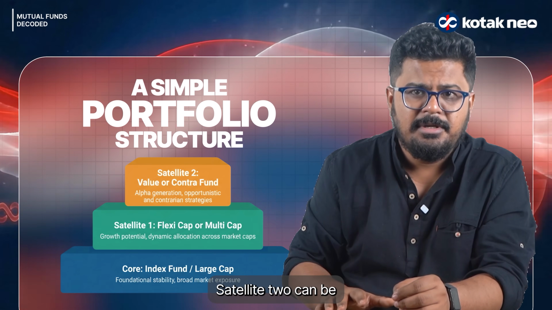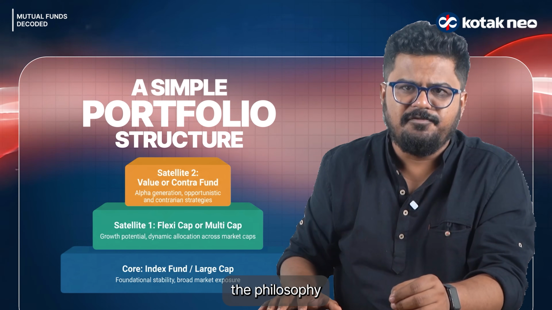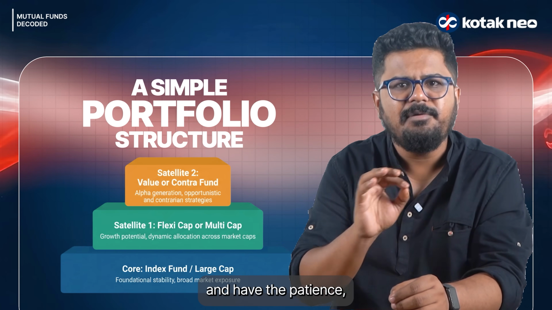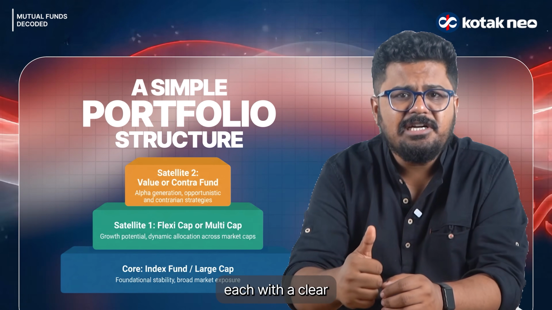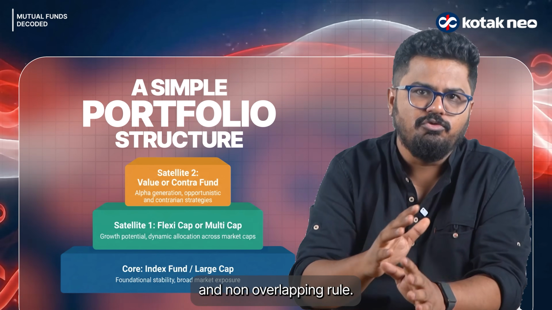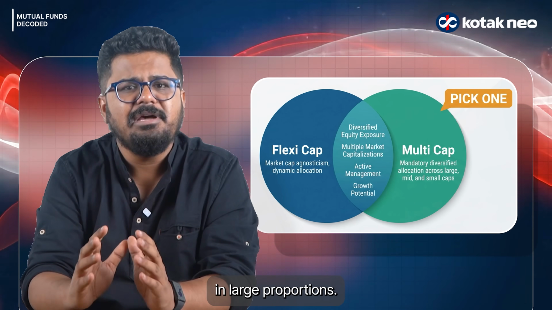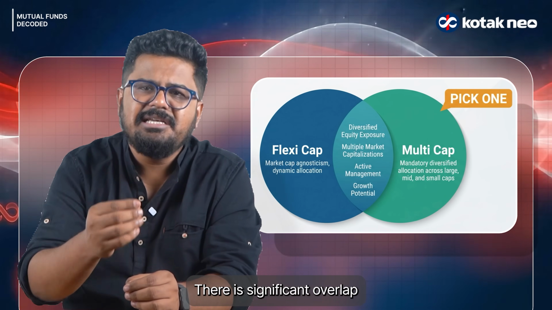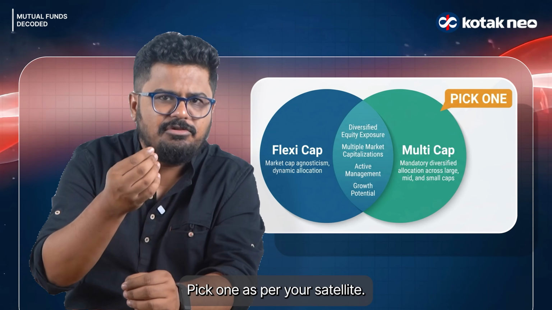Satellite 2 can be a value or contra fund if you genuinely understand the philosophy of both of these and have the patience both of them require. 3 funds, each with a clear and non-overlapping rule. And please avoid holding both flexi cap and multi cap in large proportions. There is significant overlap in multiple AMC companies. Pick one as per your satellite.